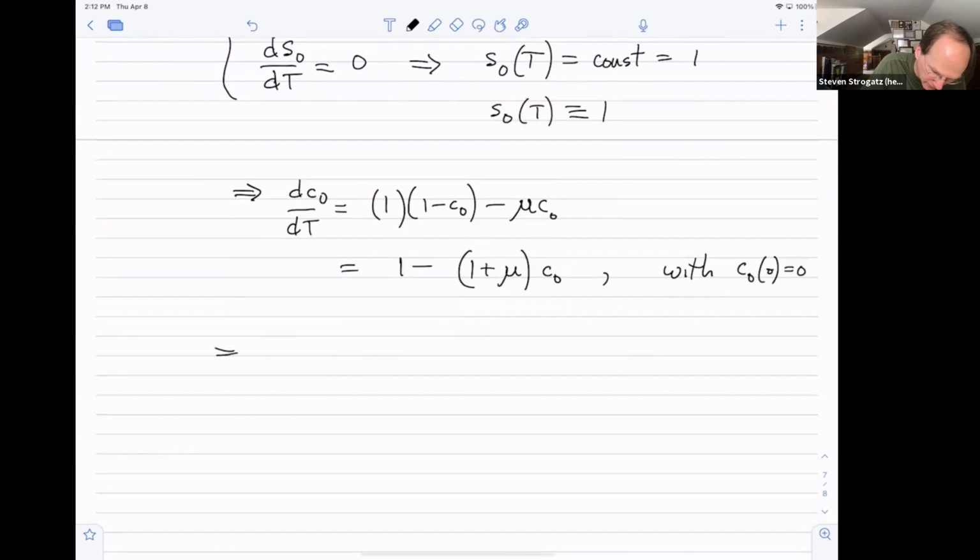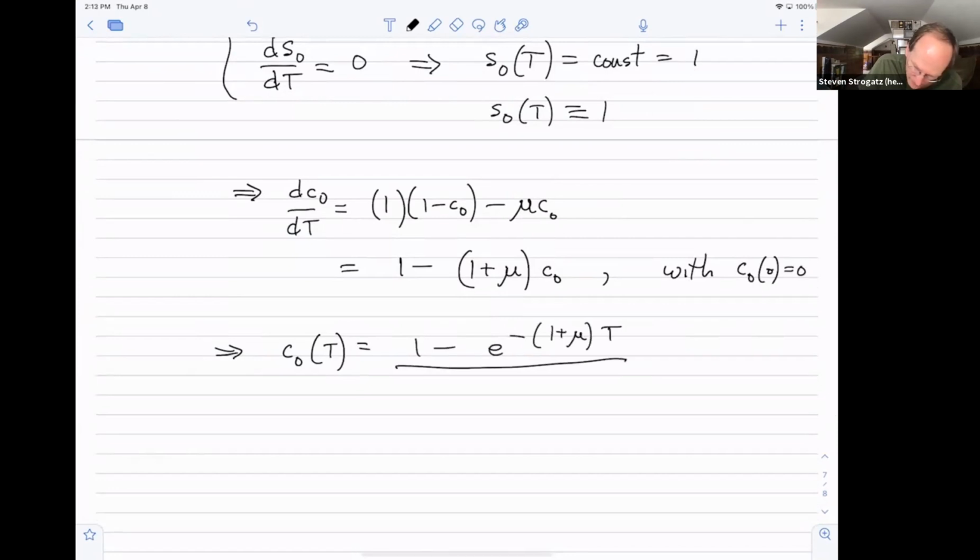If you solve it, you'll get C0 of T is 1 minus e to the minus (1 plus mu) capital T, all over 1 plus mu, for what it's worth.